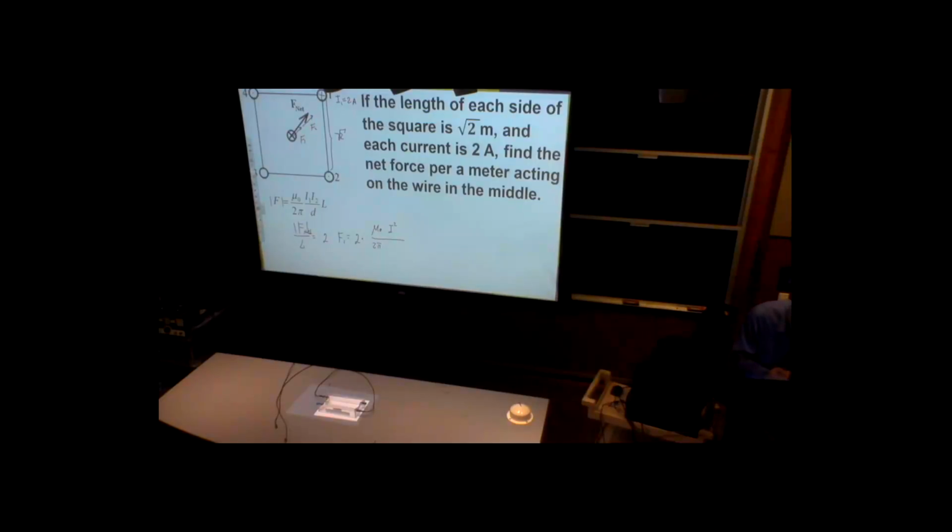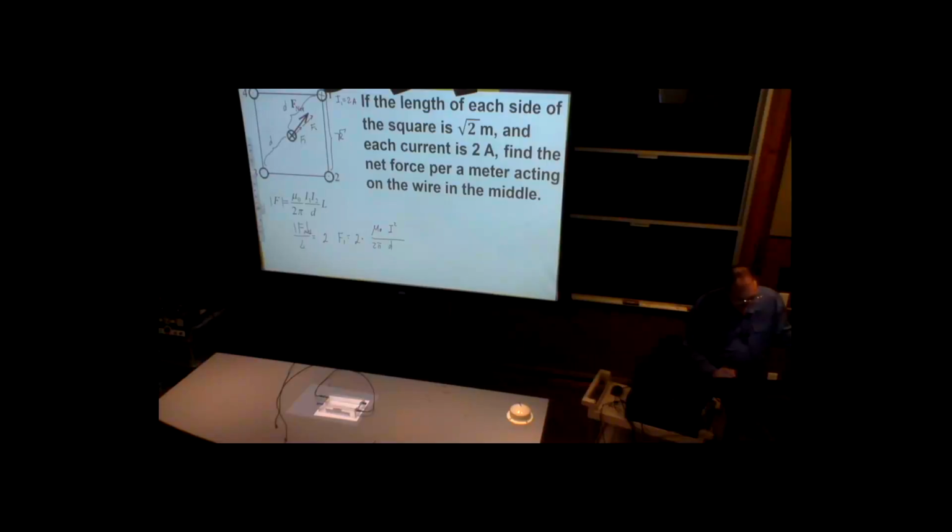The only tricky part is getting the distance. And we need to know that the distance used in this equation is the distance between the wires. So we need to calculate this distance. Let's write it d first. d requires our ability to do triangle geometry. So actually I want to do a big triangle, another d.